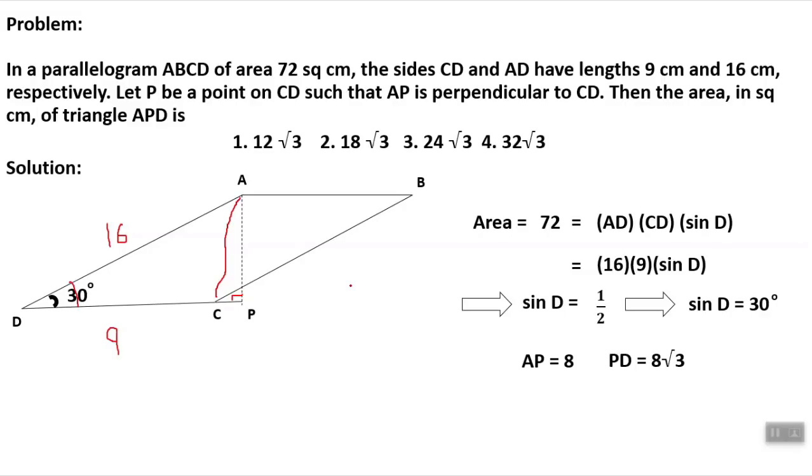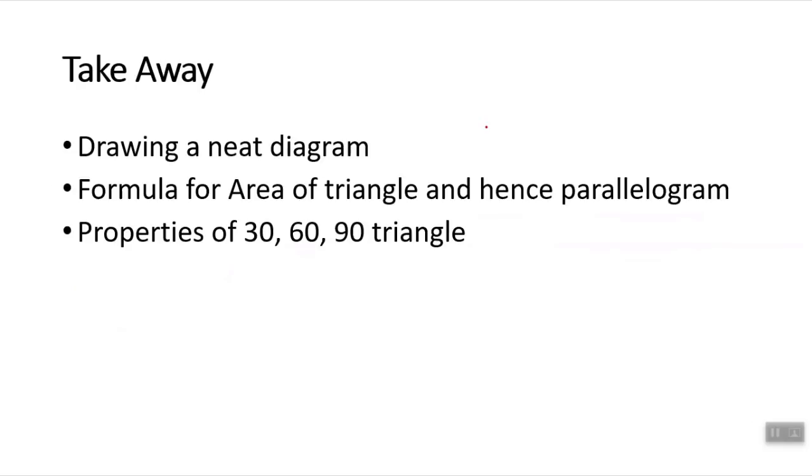What's the area of APD then? 1/2 times 8 times 8√3, 32√3, option 4. So what's the learning from a simple problem like this? Drawing a neat diagram, remembering the formula for area of a triangle and hence parallelogram, and the properties of 30, 60, 90 triangle. Not too much to remember.